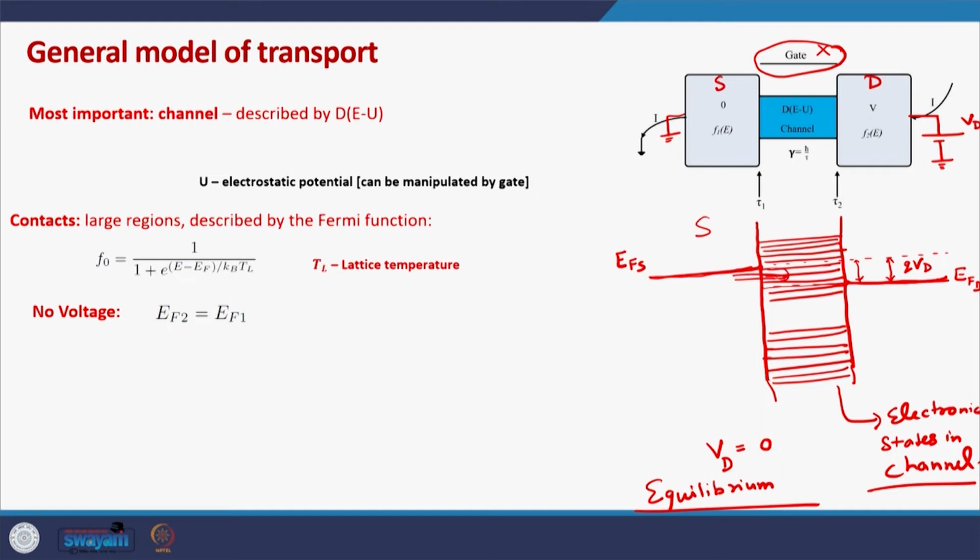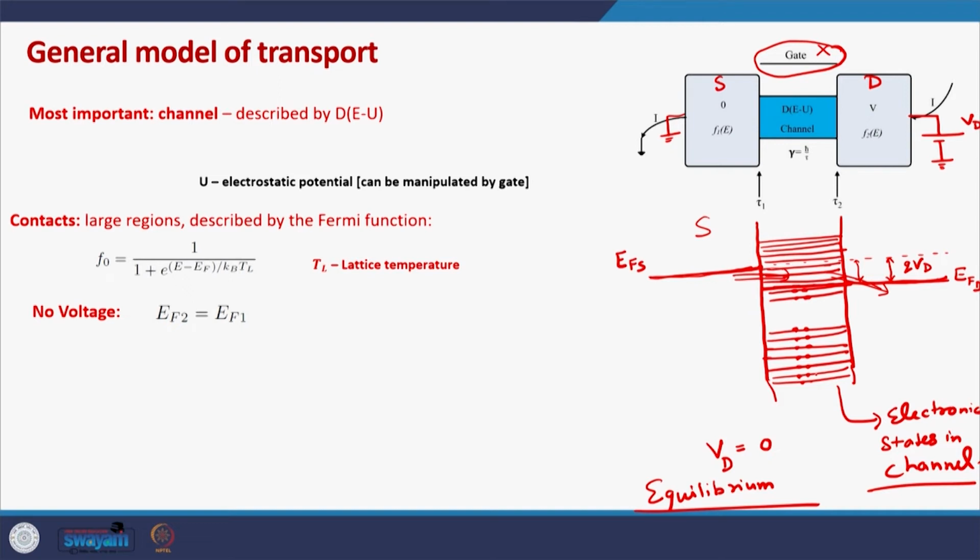So, electrons will go from here to here, and all the electronic states below EFD will be filled in any case. So, this is how a current will be maintained in the system.